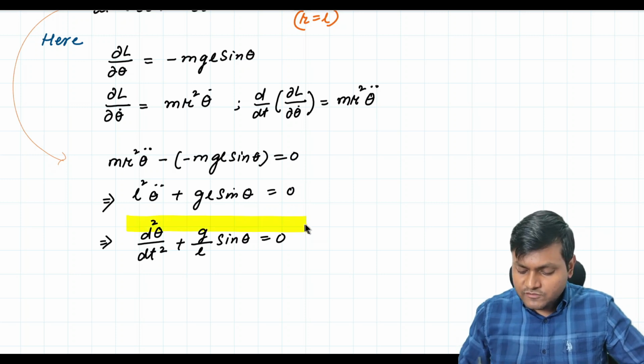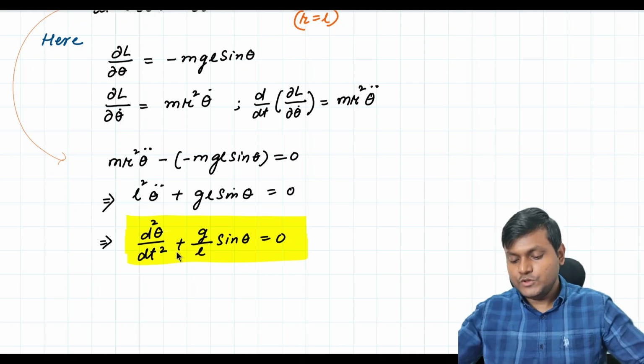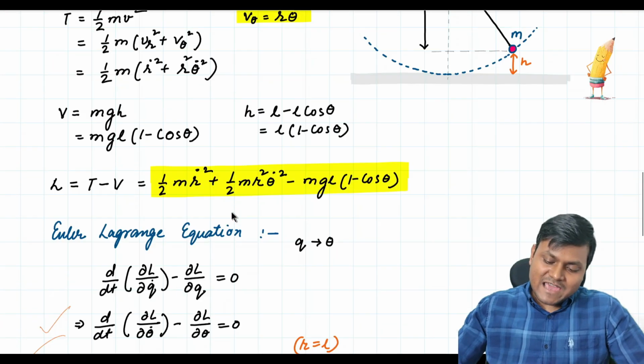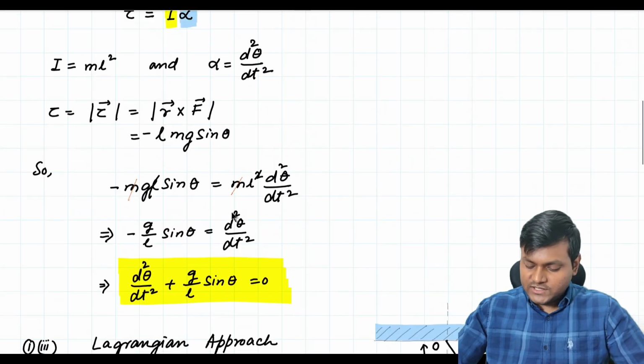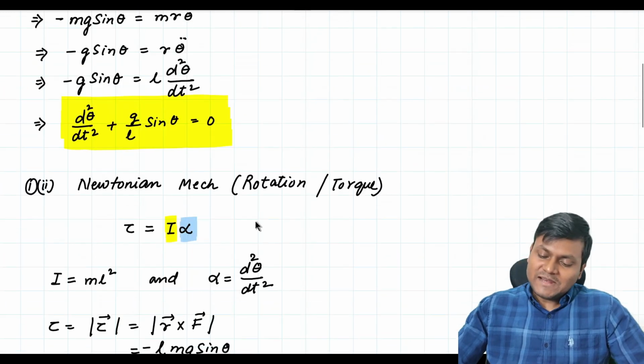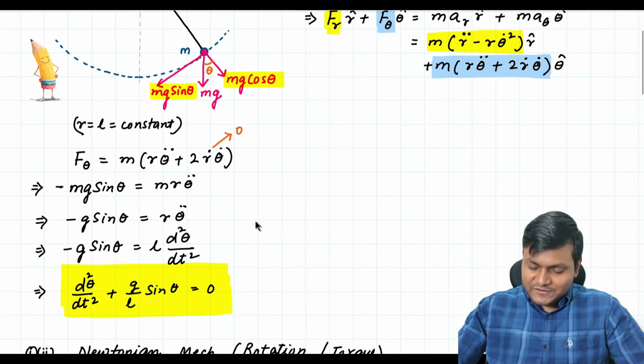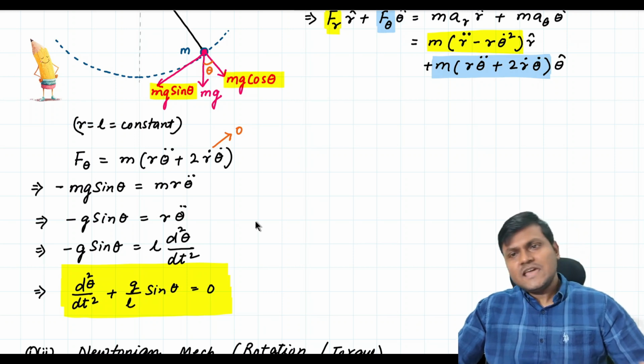This is the equation of motion that we have obtained using the Lagrangian approach, which is exactly the same as the equation we have obtained using the concept of torque, as well as the equation we have obtained from the concept of forces and polar coordinates. So it is the same equation of motion.